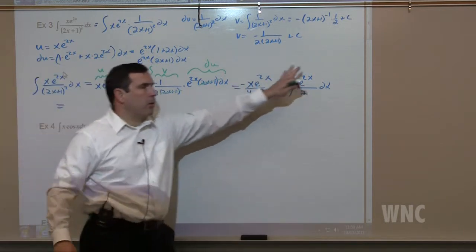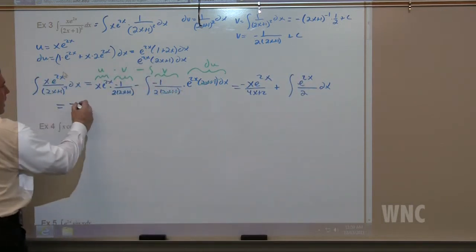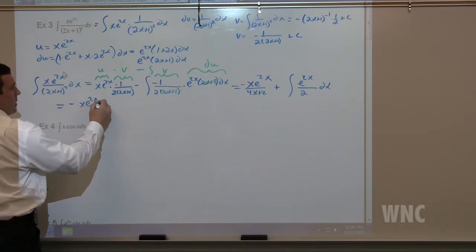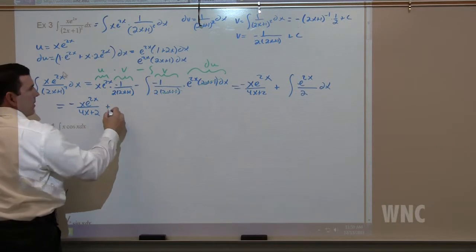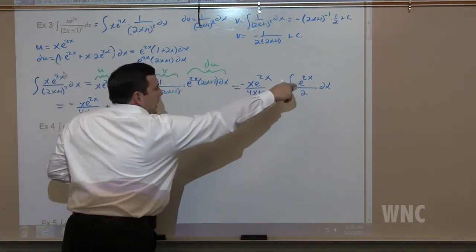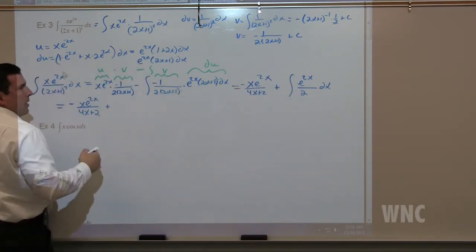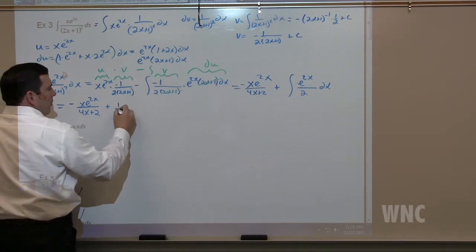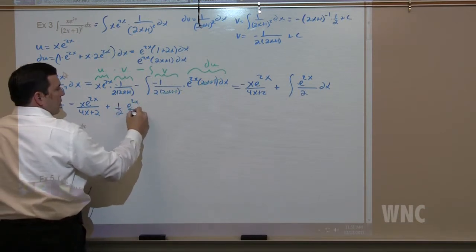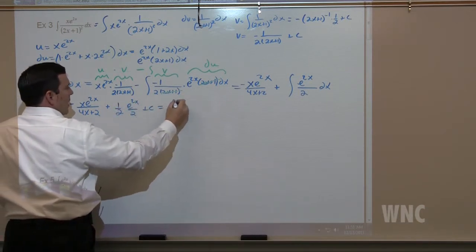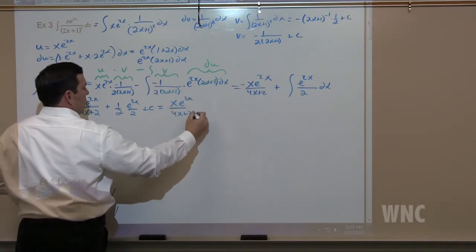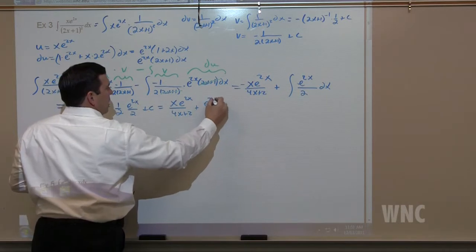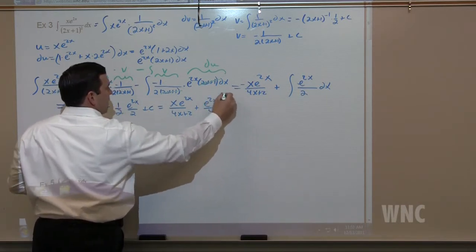This integral is not so hard to do. Negative x e to the 2x over 4x plus 2 plus, so the antiderivative for e to the 2x is going to be e to the 2x over 2. So it's negative x e to the 2x over 4x plus 2 plus e to the 2x over 4 plus c.